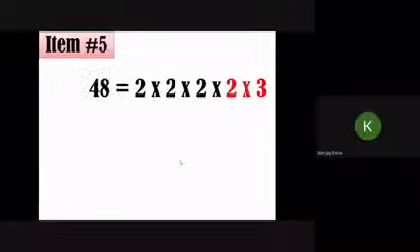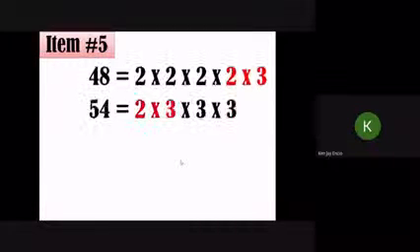From here, we could see that between them there is only one 2 present in both of them. You notice there are four 2s here, but here it's only one. You pick only the number of factors that is the same from both of them.